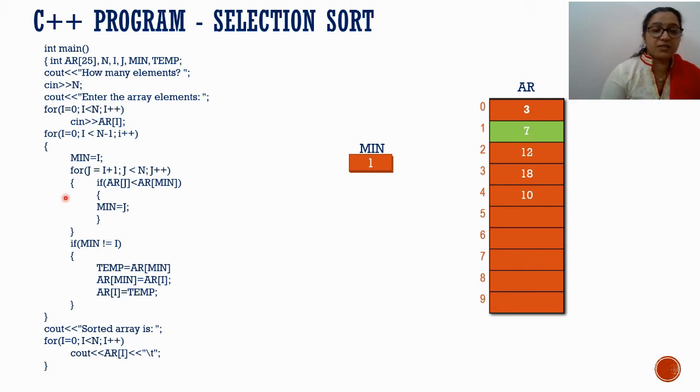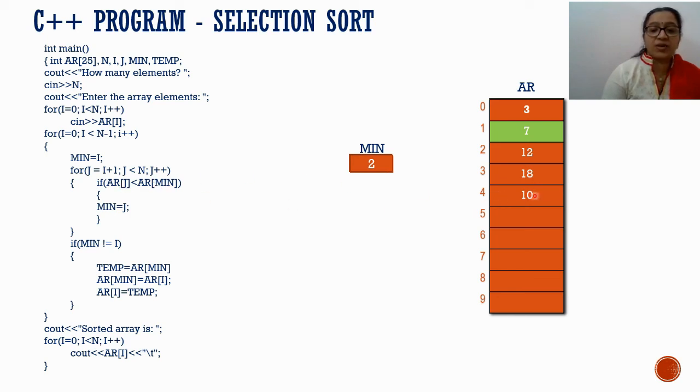Now i plus plus. Min is equal to i, which means min is equal to 2 now. Okay. Now AR of min and AR of 2 plus 1, that means 3. So 12 and 18 we are comparing. 12 is the smallest one, no change. Then j plus plus. So AR of 2 and AR of 4.